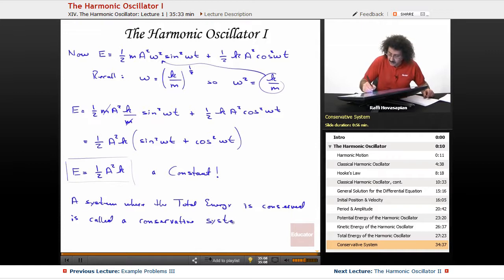The harmonic oscillator that we've described is a conservative system. Energy is a constant. It's transferred between kinetic and potential, but it is a constant. It doesn't go away. Energy is conserved. It isn't lost to anything.